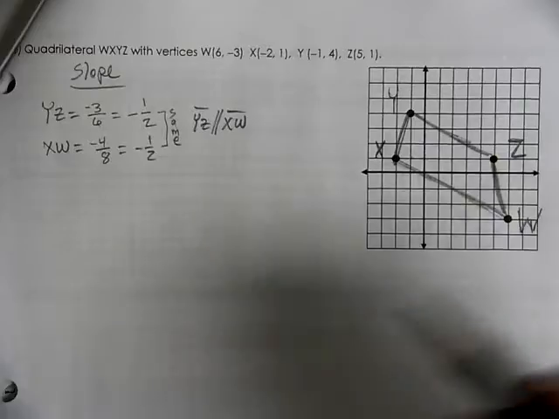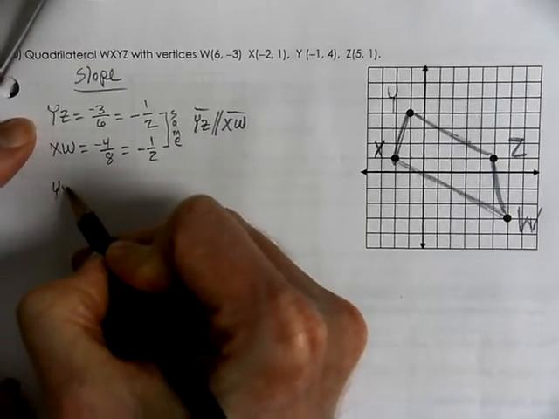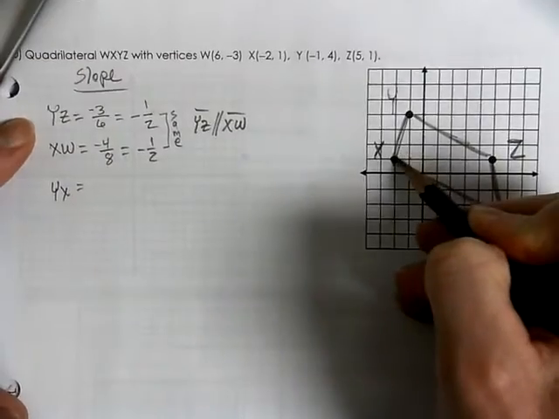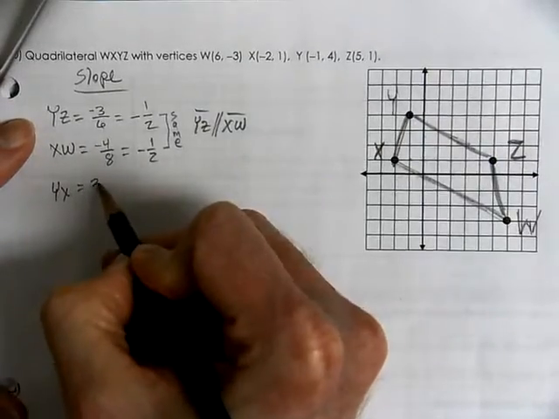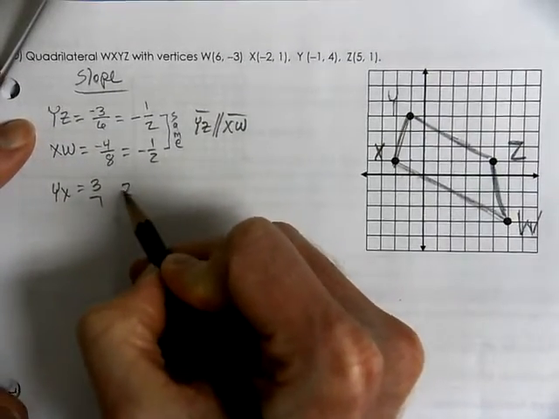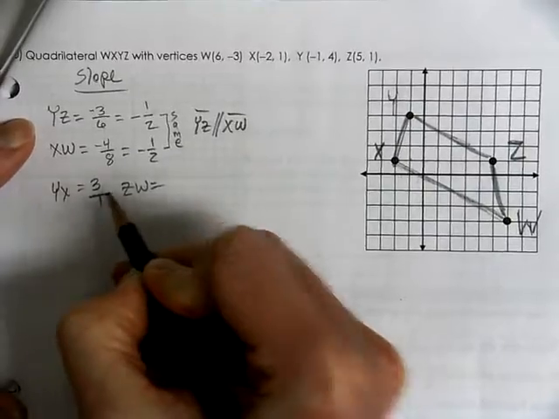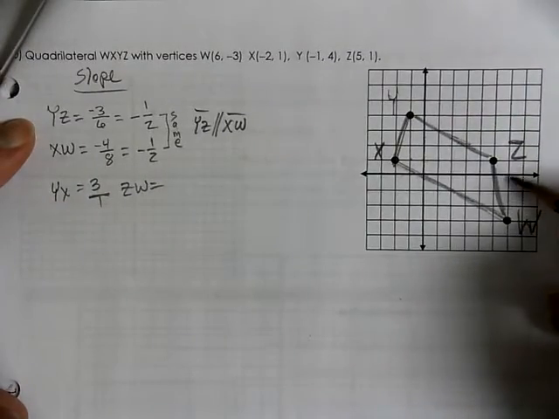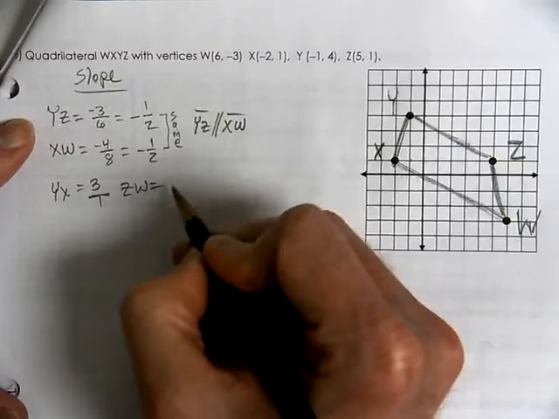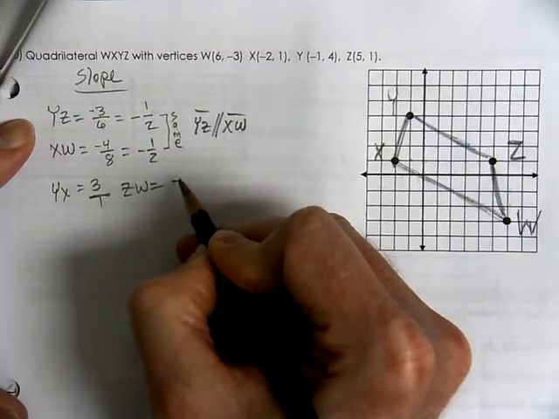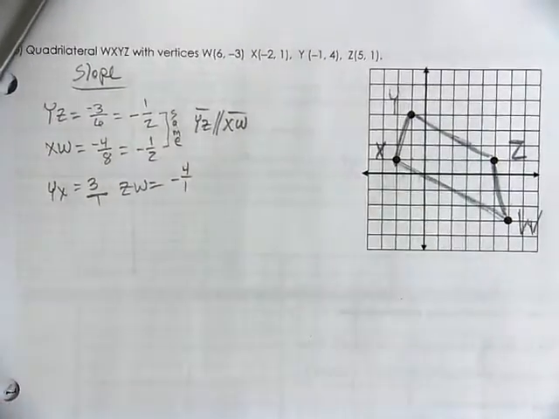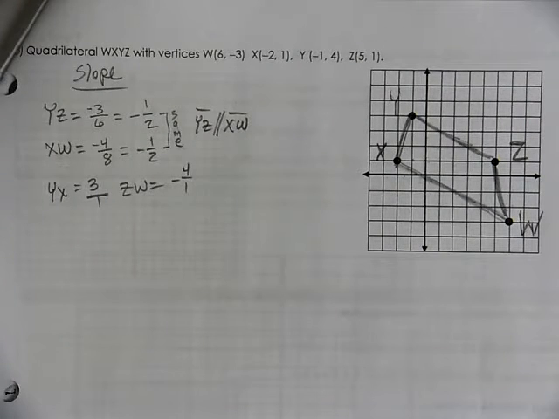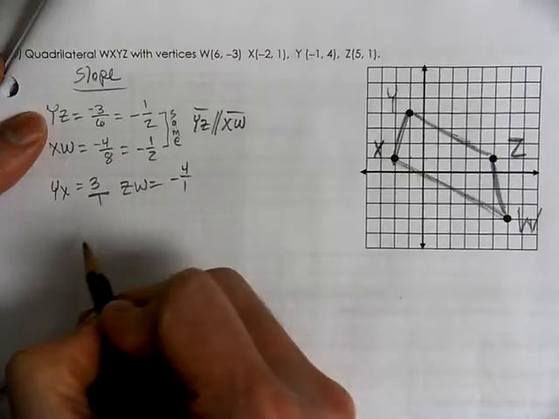Now I can totally see that YX is 1, 2, 3 over 1, and ZW is 1, 2, 3, 4 over 1. They're not parallel to each other. So I have one set of parallel sides.